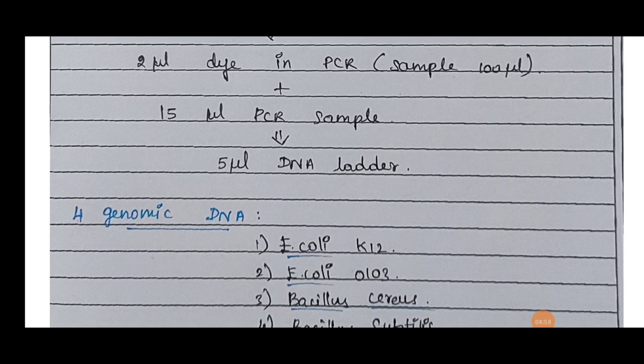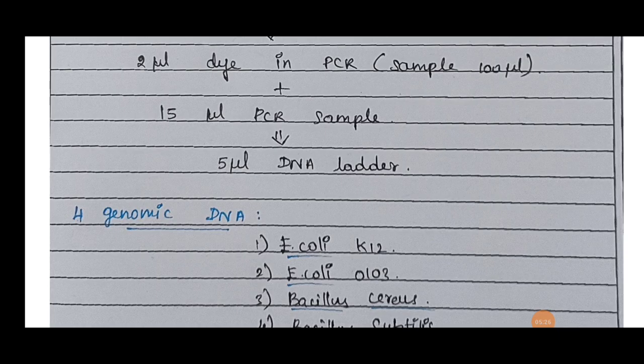Then 15 µl PCR sample is already there, plus 2 µl dye, and we have to add DNA ladder in the wells of the agarose gel. In the first well we add DNA ladder, in the second well standard sample 1, DNA sample 1, and next well 2, and next well 3, and next well 4, and in the last well we add the test sample.